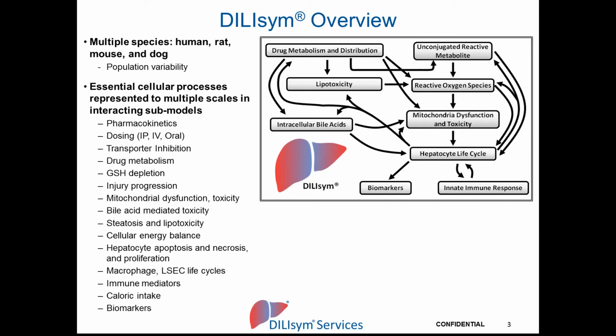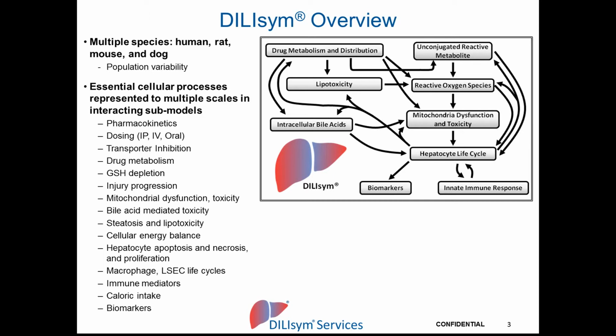These mechanistic pathways can interact with each other as well as with the hepatocyte life cycle to induce apoptosis and/or necrosis. There's also an interaction with the innate immune system within DILIsym to exacerbate and/or ameliorate injury.